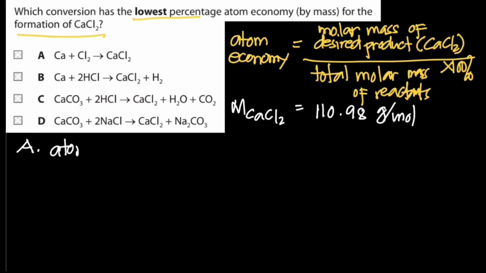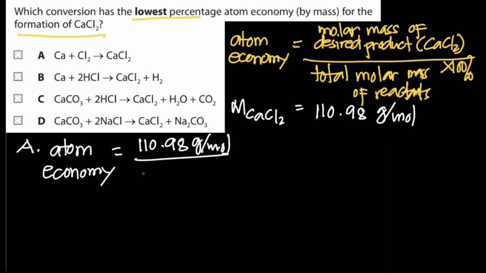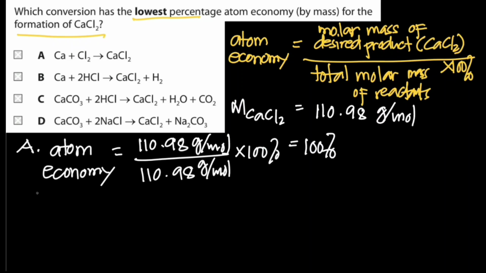So our atom economy would just be equal to the molar mass of CaCl2, which is 110.98 grams per mole, divided by the molar mass of Ca plus Cl2, which is also 110.98 grams per mole, times 100%, and this gives us 100%.